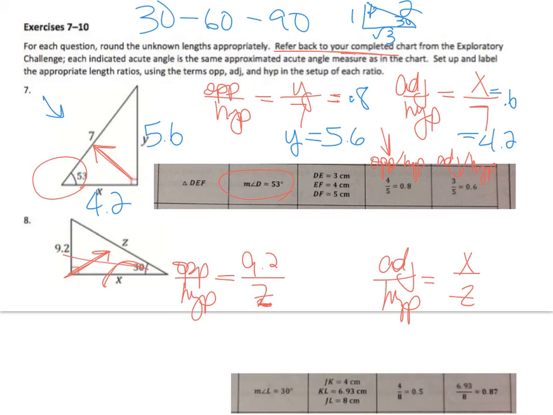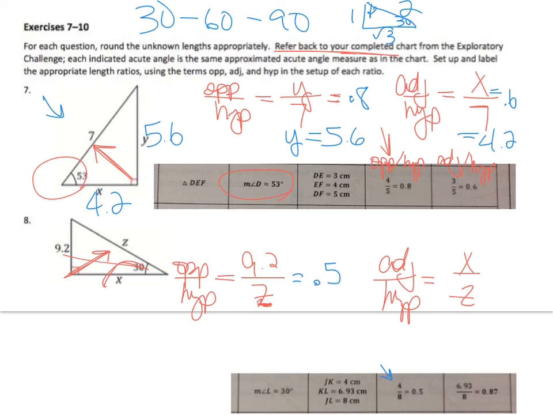So if I look at that handy chart that we did in the last example, I'm going to compare my 30-degree angle, which I cut and pasted from 30 degrees, compare my ratios, because they're similar triangles. So the opposite over hypotenuse, which is this one, is 4 over 8, which is 0.5.